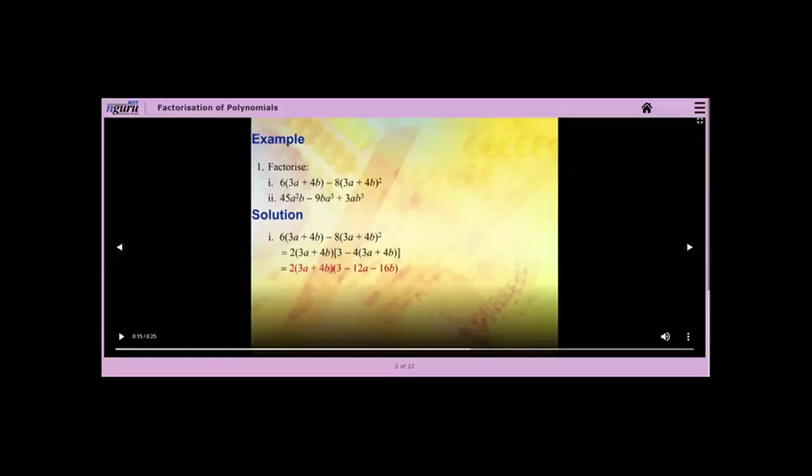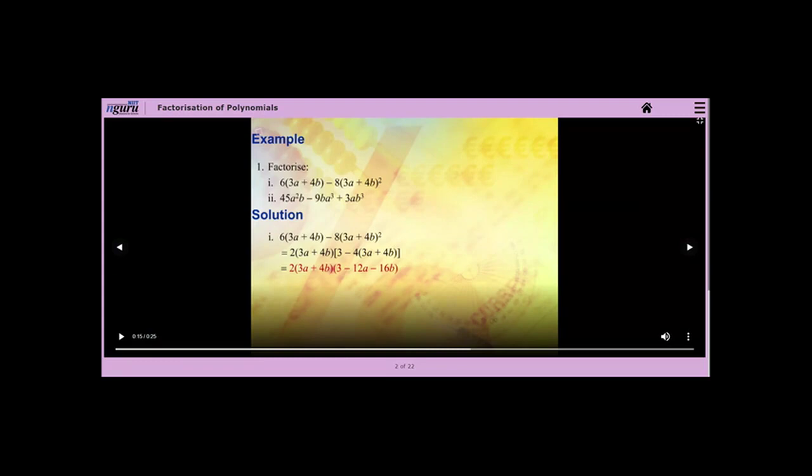I'm asking you, what about 6 and 8? Don't they have any common factor? You told me that 3a plus 4b is common. I asked you, what about 6 and 8? 2, ma'am. Yeah, 2 is a common factor for 6 and 8. Yes, we have to remove even that outside the brackets.